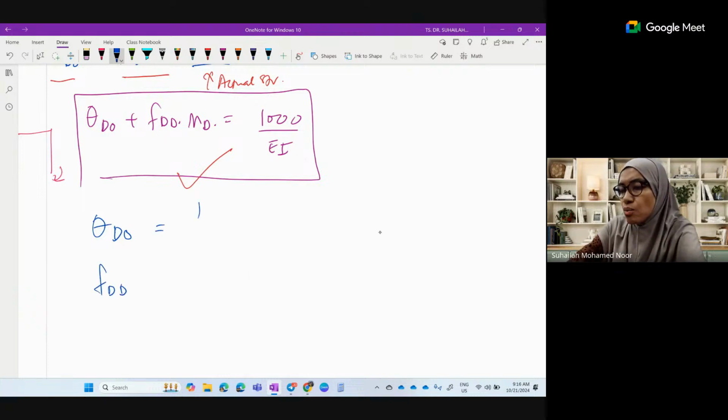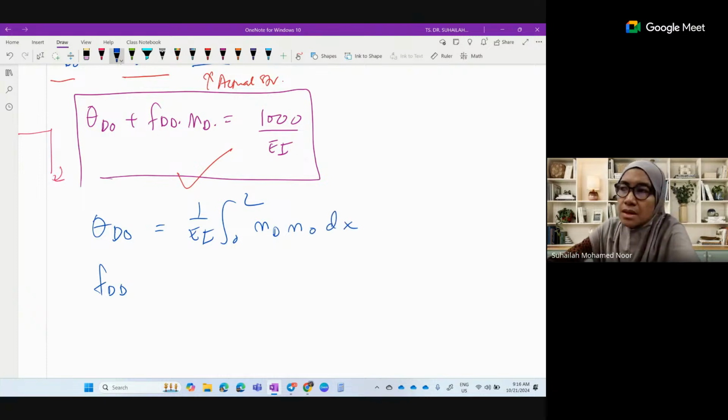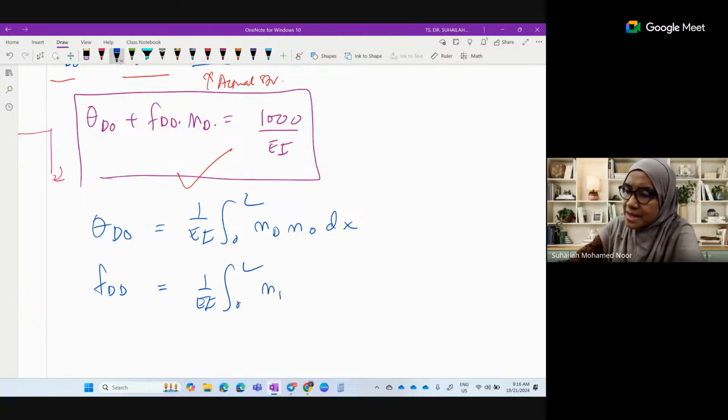Theta D naught is 1 over EI, integral from 0 to L of MD M naught dx. And FDD is 1 over EI, integral from 0 to L of MD square dx. If you want to use the symbol 1 naught also can, not necessarily D naught.